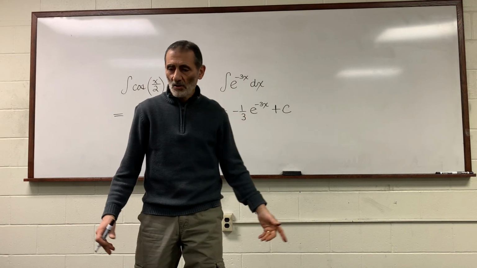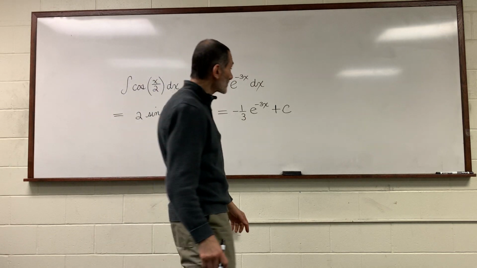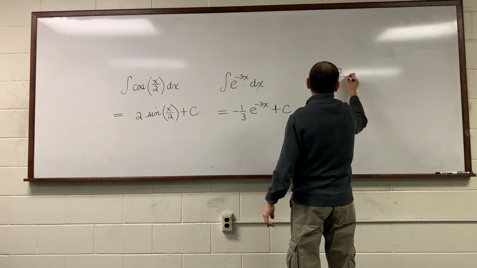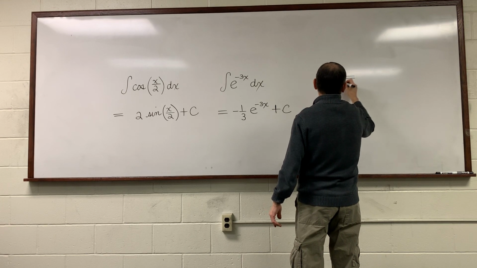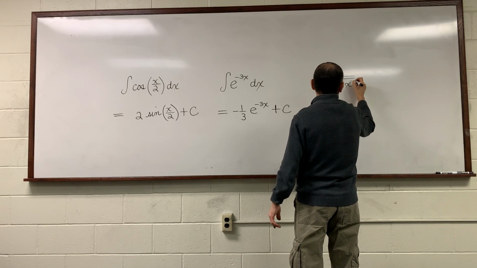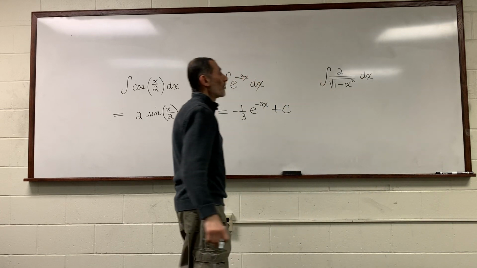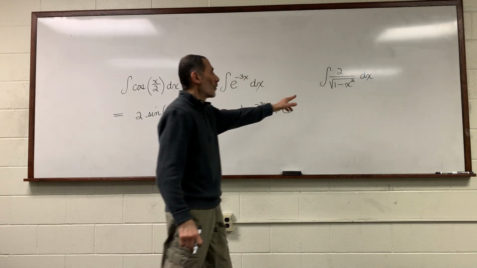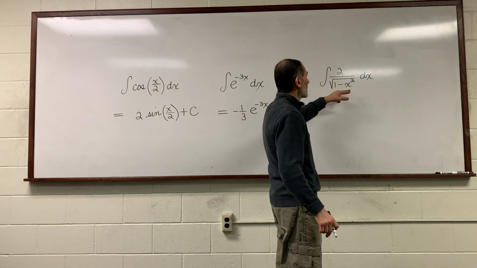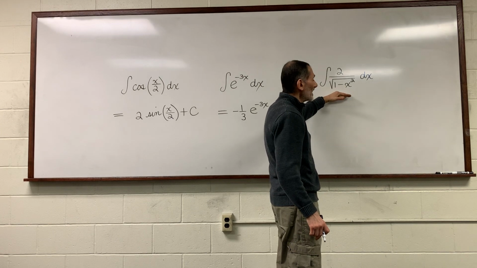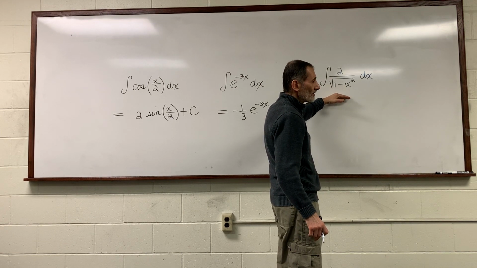And finally, one more that I hope you'll recognize right away. I hope you will see that when you have a constant over this, you're dealing with an inverse sine or arc sine.